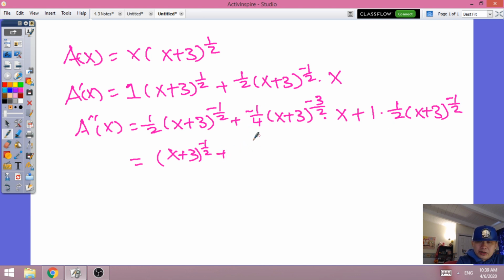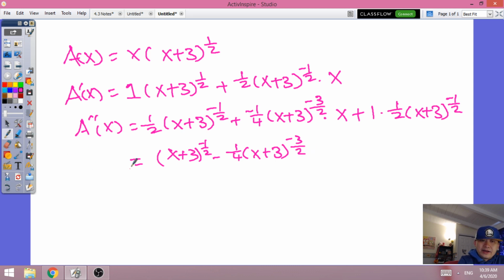But don't forget to bring down the negative 1/4 quantity x plus 3 to the power of negative 3/2. So minus 1/4 x plus 3 to the power of negative 3/2.